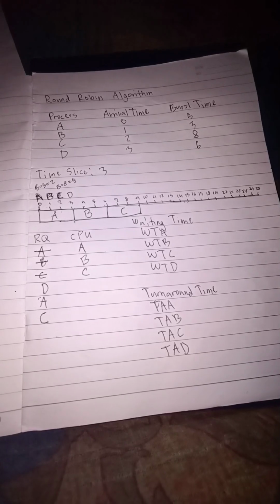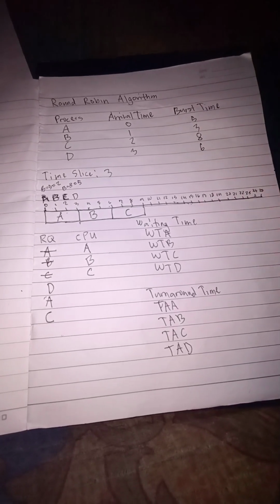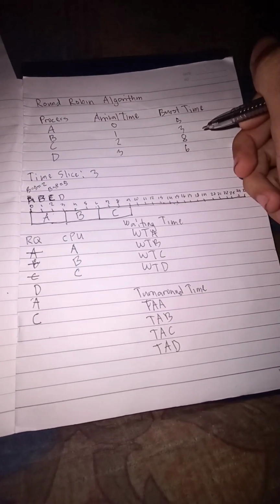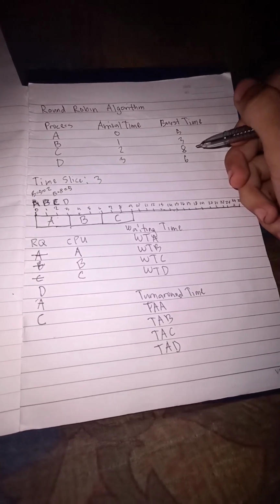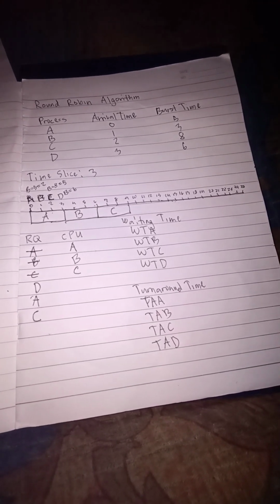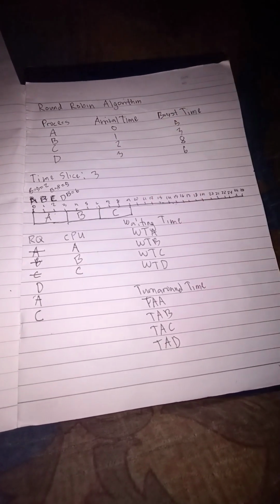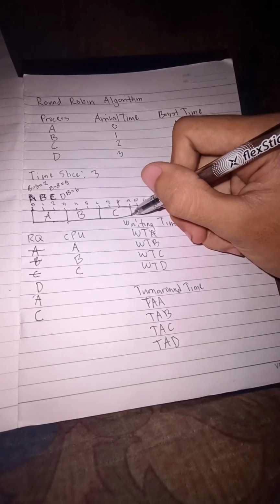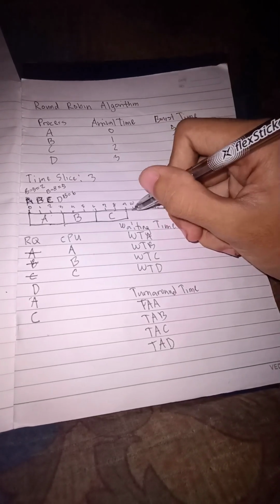Now let's proceed to process D. Here process D has a burst time of 6. We have a time slice of 3, so we're just going to count 3. 1, 2, 3.